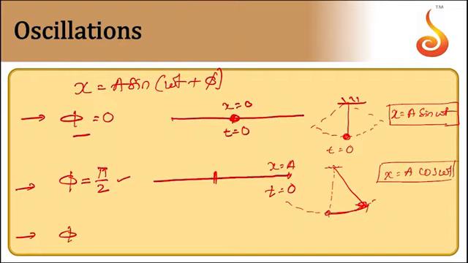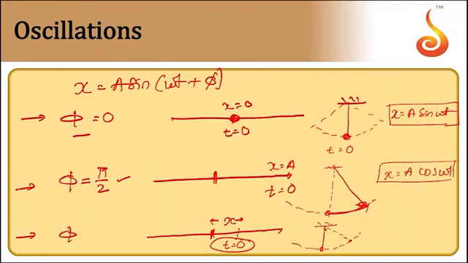If phi lies between 0 and pi by 2, then the situation is like this. The particle has come to the position x and at t is equal to 0, it is here. If I take the same pendulum example, this is your equilibrium position, this is the extreme position, and the particle is here.